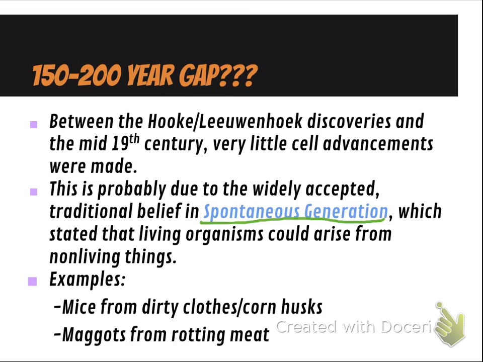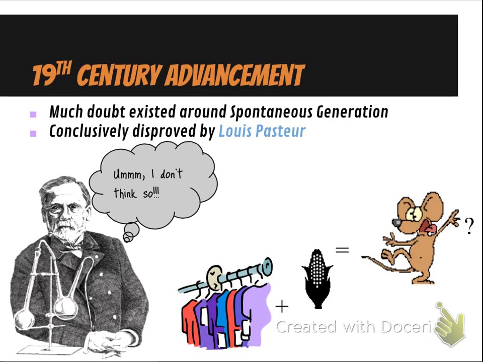So after that 200 or so year gap, we do have some more advancements thanks to Louis Pasteur. Now, you may have heard of pasteurization, or how we pasteurize our milk, but Louis Pasteur is known for discovering a process to remove bacteria and contamination from milk, amongst other liquids.